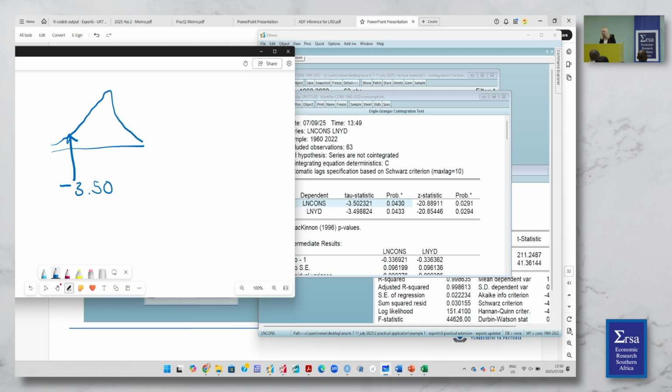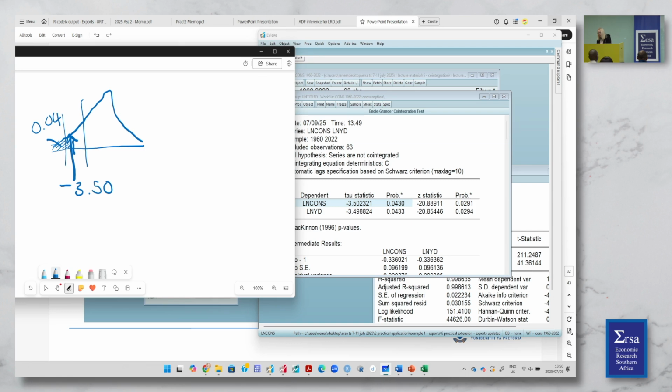So we don't know what the critical values are there. It's just not shown to us. But what we can say, based on that p-value, is that this area to the left of the statistic is 4%, 0.0430. So that's the probability of a type 1 error.